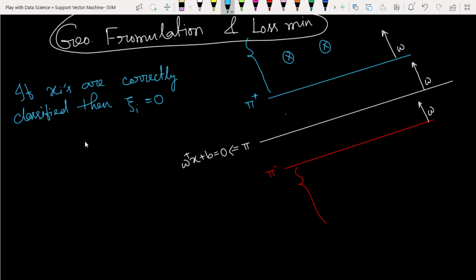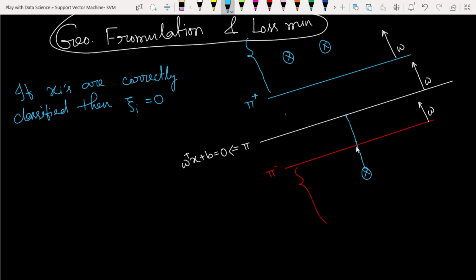Now let's take a misclassified point. Suppose a misclassified point is here, this point is simply a misclassified point. Suppose I am interested in this point.